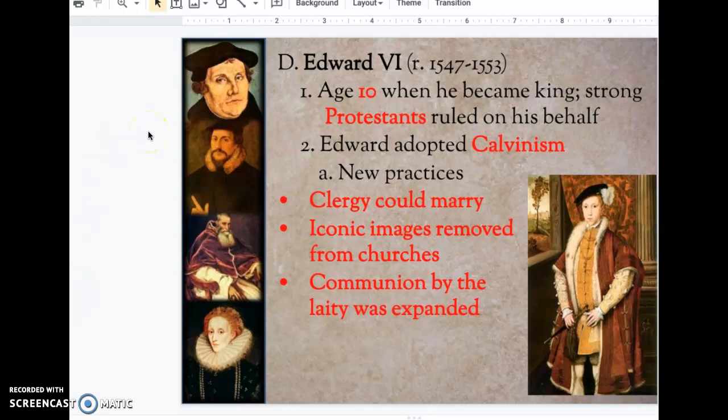One thing you want to add that's not on this slide is where it mentions about him adopting Calvinism. Make sure you add that Edward was under the influence of Archbishop Cranmer. So Archbishop Cranmer was influencing a lot of these decisions by Edward.